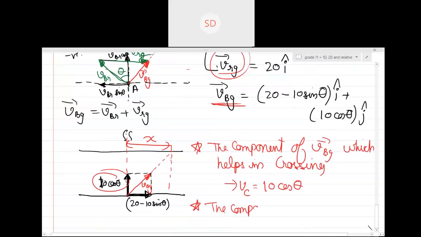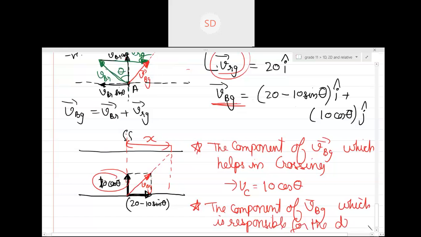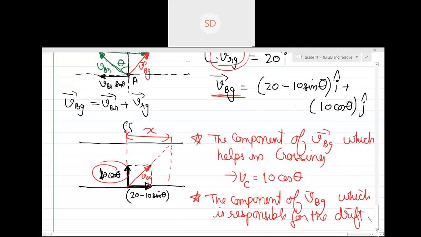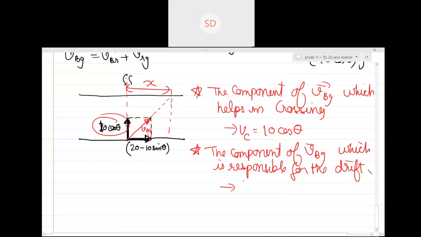So the component which helps in drifting is 20 minus 10 sin theta, which is responsible for the drift. That's why I'm writing every detail so that when you come back to revise things, you'll be able to revise it properly. Is this clear, guys?